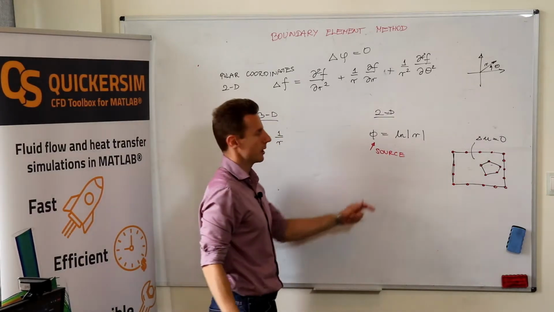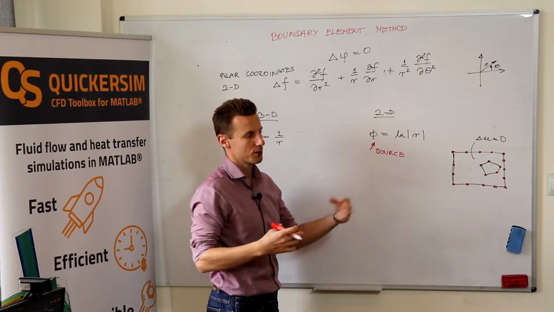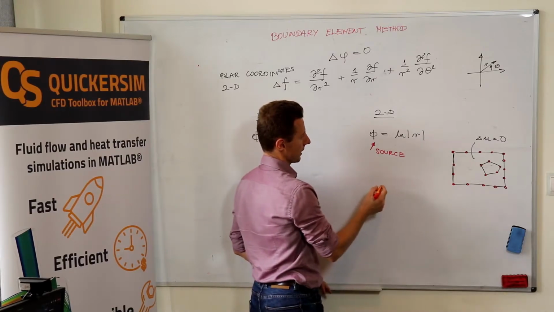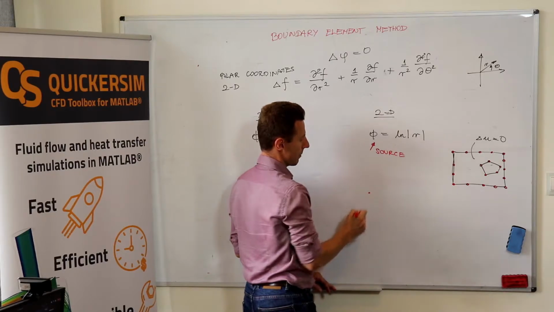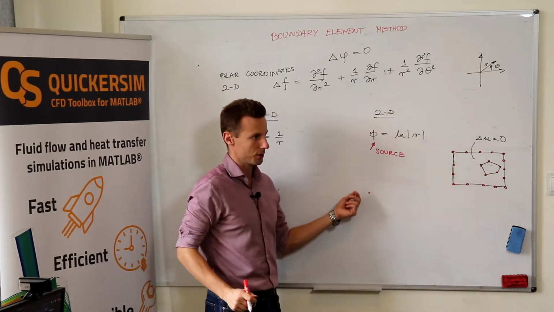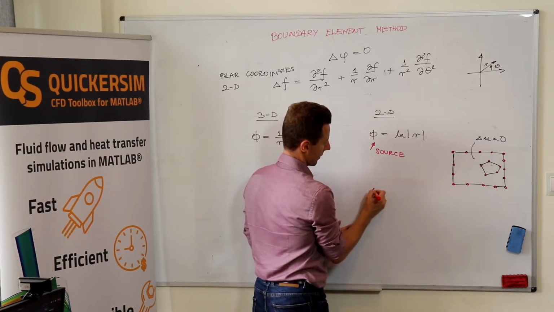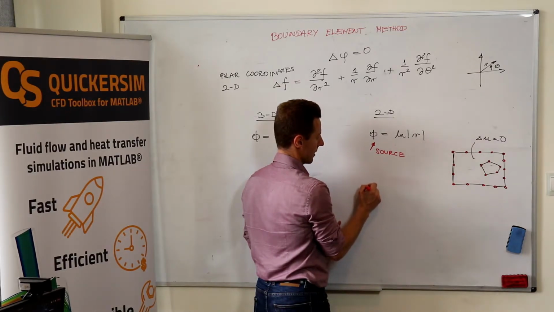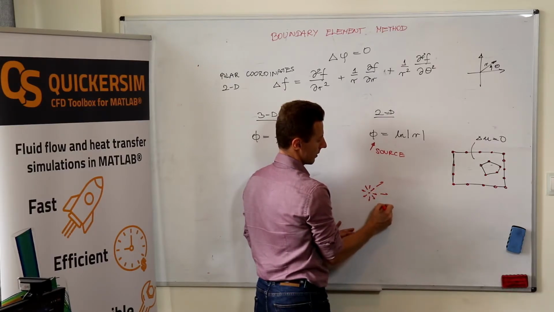Because if you draw the, so to say, streamlines that are associated with such a function, it means you've got some point inside that is the source, and it generates a flow of whatever. This might be heat flux.